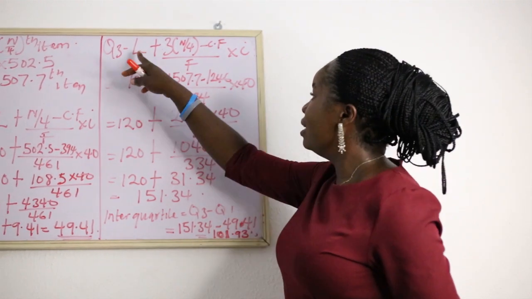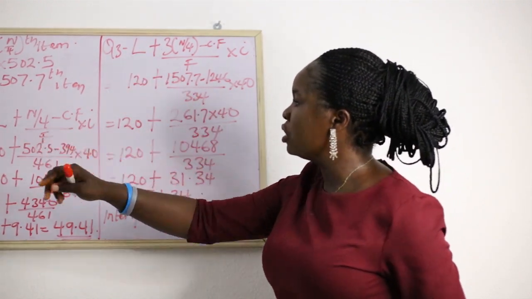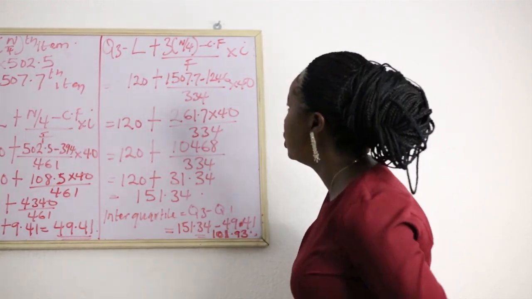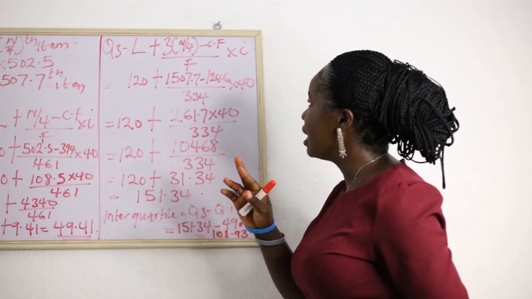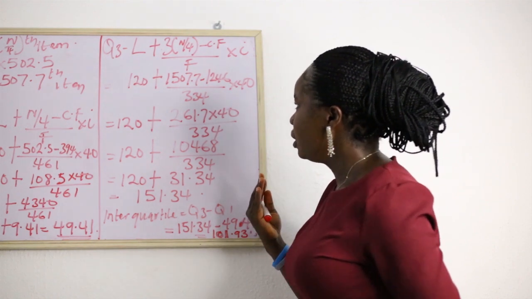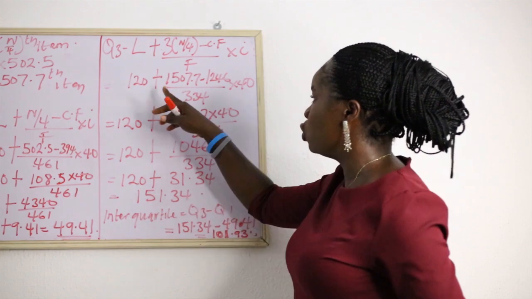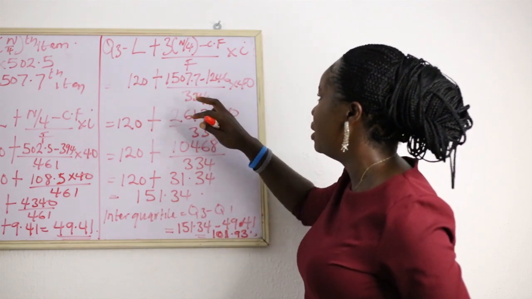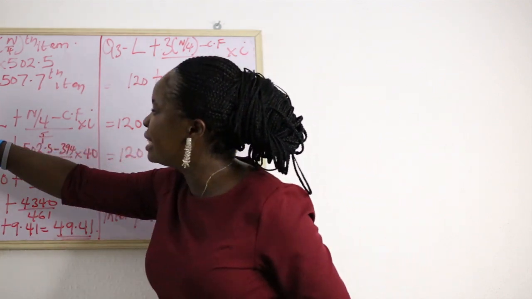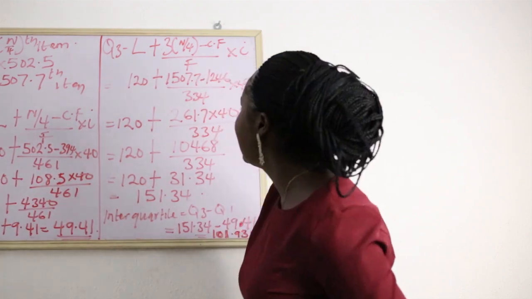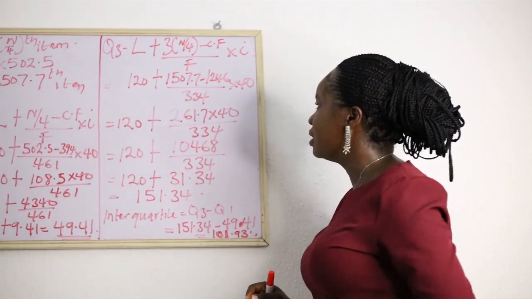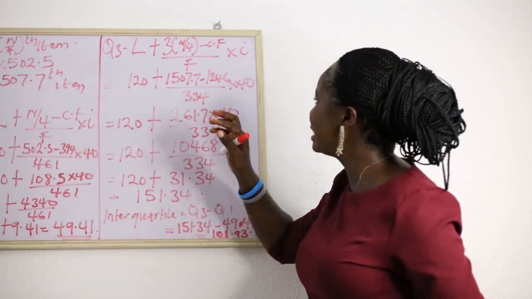The lower class limit of Q3 is 120, plus 3 into bracket n over 4, which is 1507.5, minus the cumulative frequency of the preceding class, 1246, multiplied by the class interval.